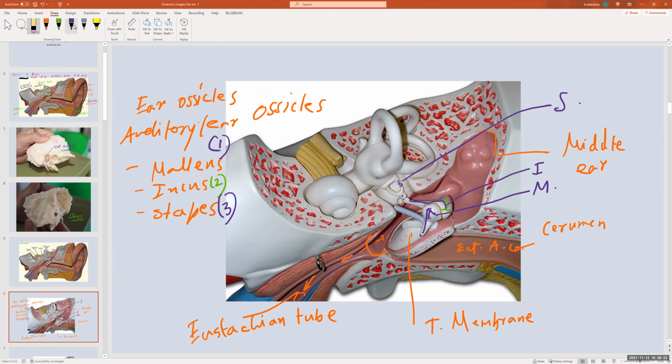into the inner ear via an opening. So basically stapes right here, right there. There is an opening there that the stapes is pushing on. And that opening is known as oval window.